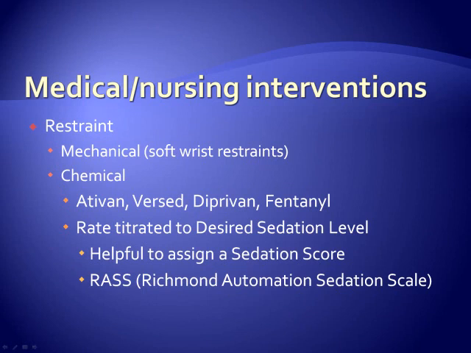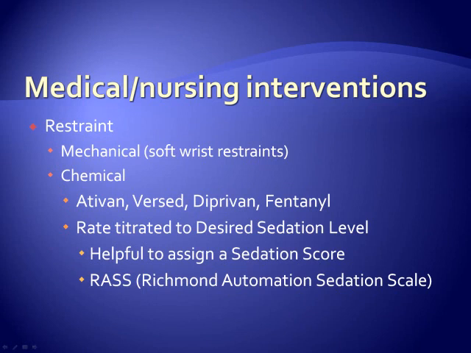and this can be very uncomfortable for the patient. The first two drugs, the Ativan and the Versed, are benzodiazepines, and it may be helpful to use those medications in your patient. They can cause a situational amnesia that may be helpful or desired if your patient has a rocky ICU stay. I don't think anybody really wants to remember all the poking and prodding and everything else that happens while they're in the ICU.